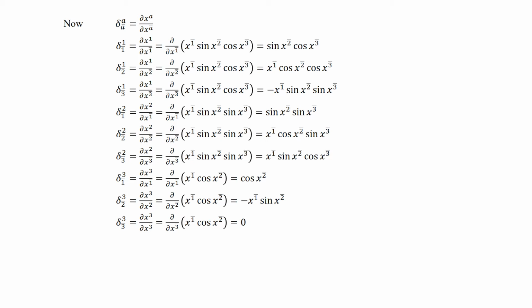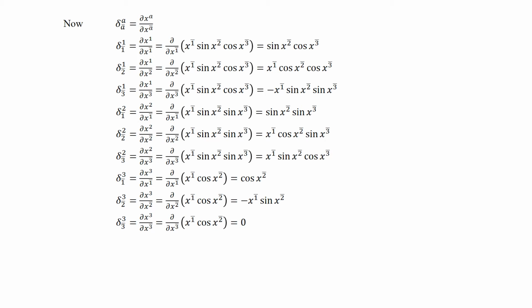The derivative with respect to x1 bar is 1, and the other two terms are treated as constant. In the second term we take the derivative with respect to x2 bar, which gives cos x2 bar, and for the third term, x1 bar sin x2 bar cos x3 bar, we have the result.